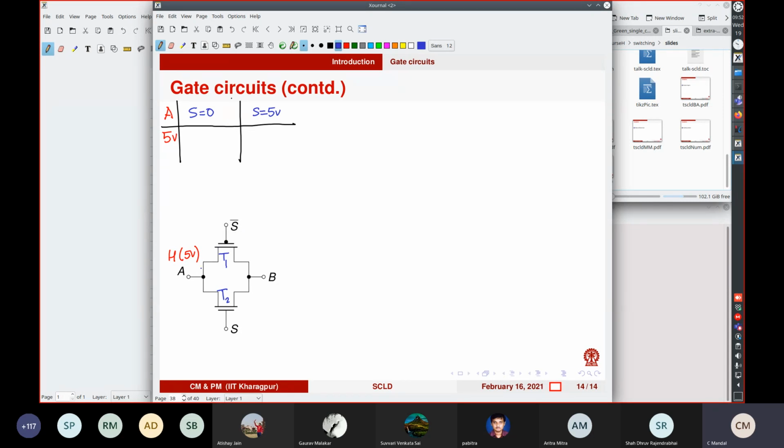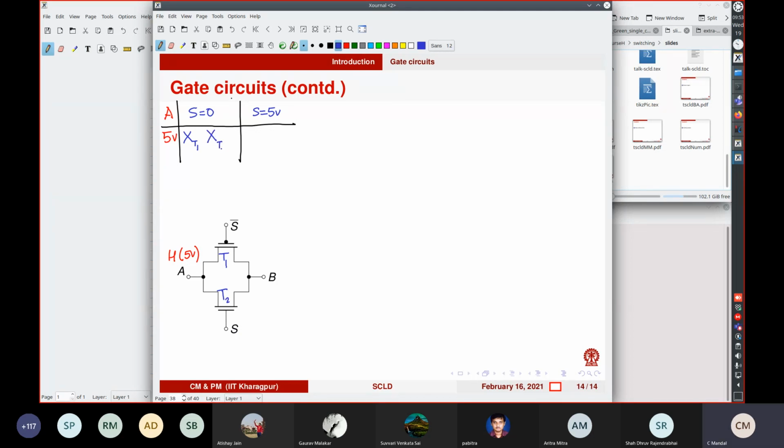S bar is also 5 volts. In this situation, there is no channel here. So T1 is off. What about T2? This is at 5 volts, this is at 5 volts. No potential difference. So T2 is also off.